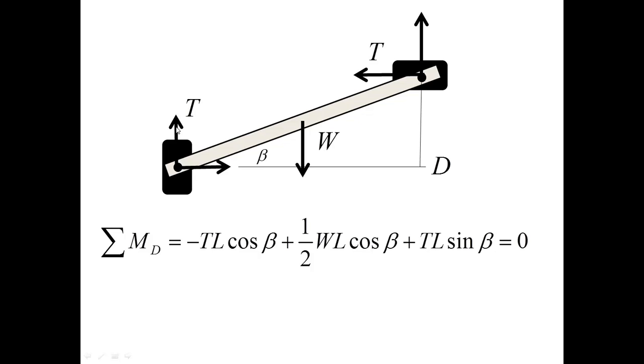T produces a clockwise moment, and the arm for T is the length of the bar times cos beta.